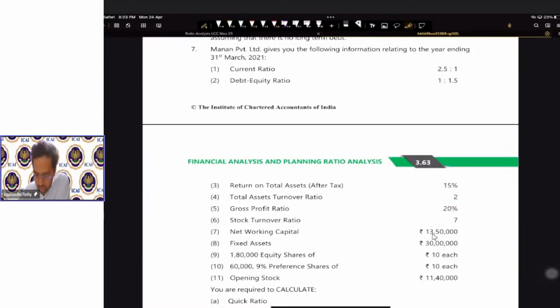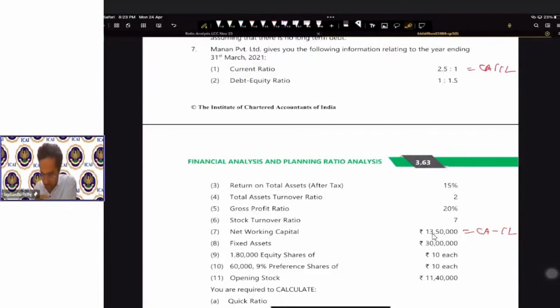The current ratio is like 2.5 is to 1. Do we have any number which is connected with this ratio? Yeah. Look at this, net working capital. So here you can say this is current asset upon current liability, and this is current asset minus current liability. Connect these two, that is current ratio, and then you can take it forward with the next step.